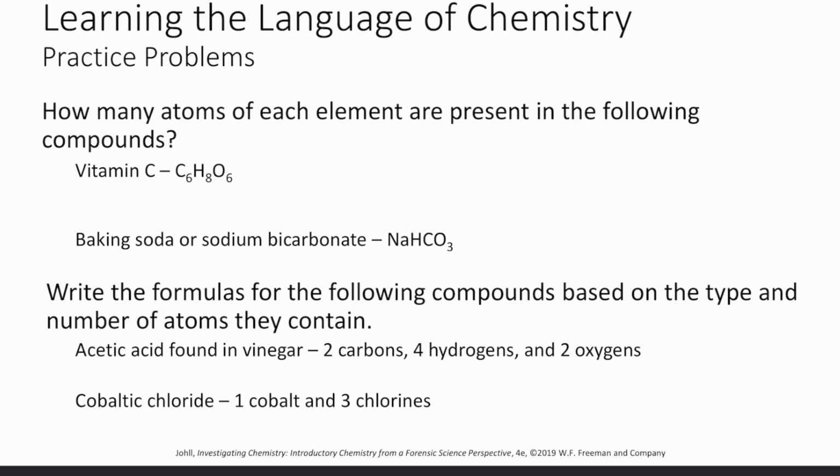So in vitamin C, which is C6H8O6, we have 6 carbon atoms, 8 hydrogen atoms, and 6 oxygen atoms.